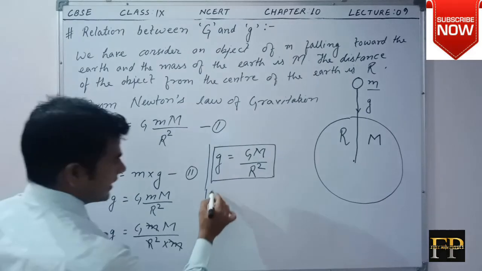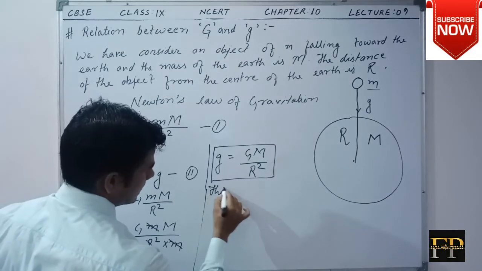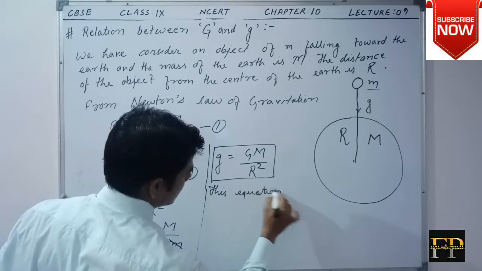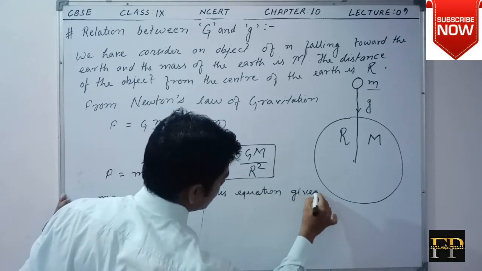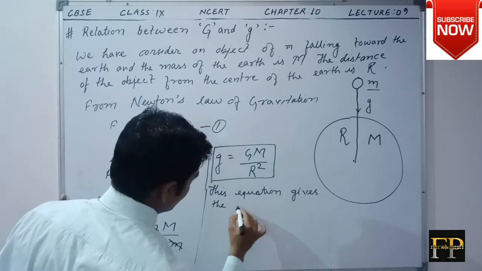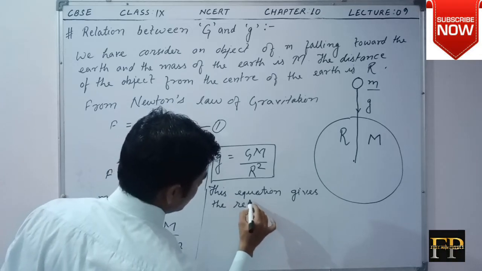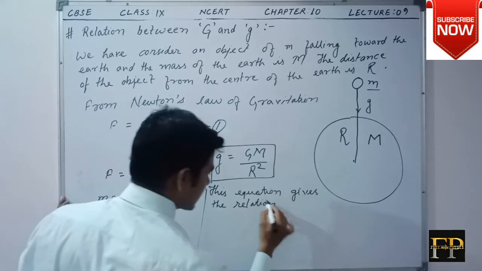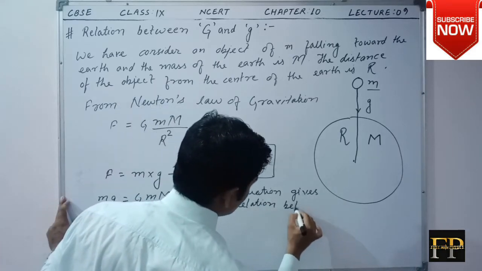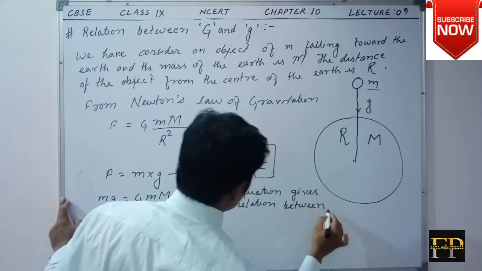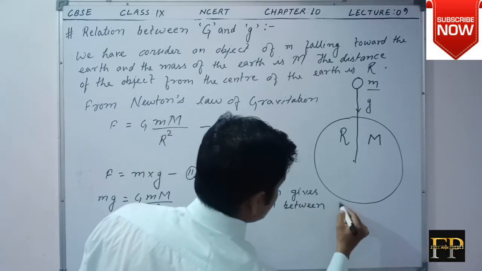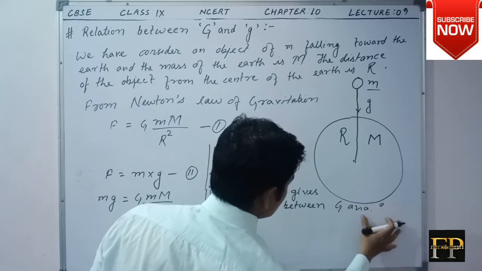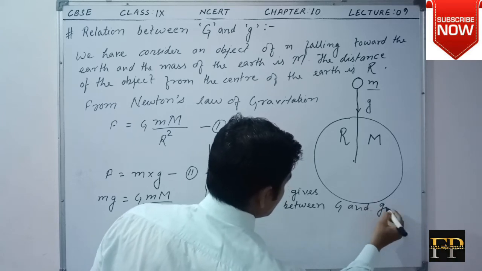So we will write: this equation gives the relation between capital G and small g.